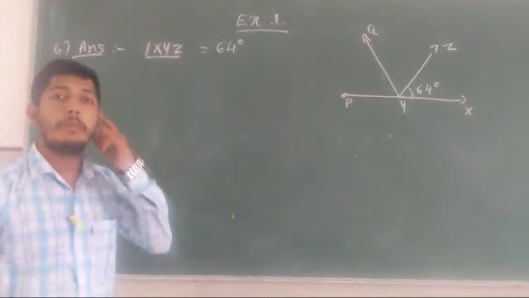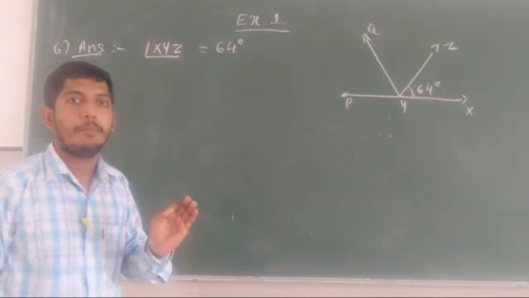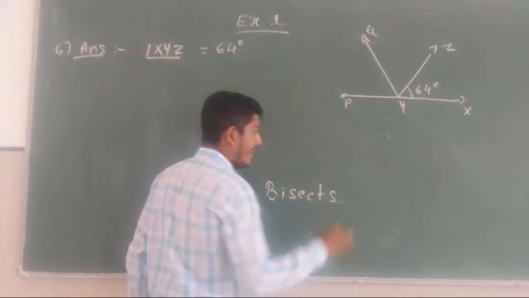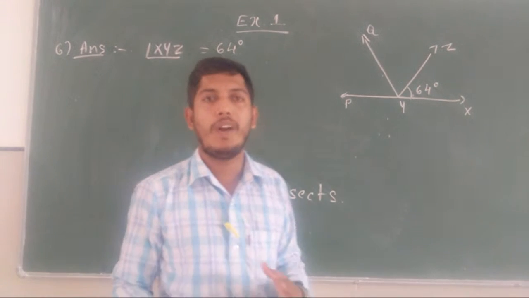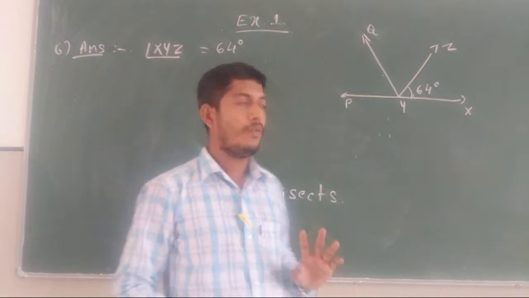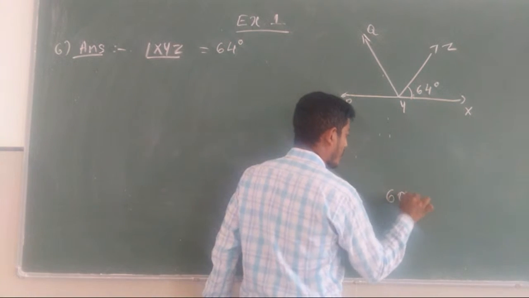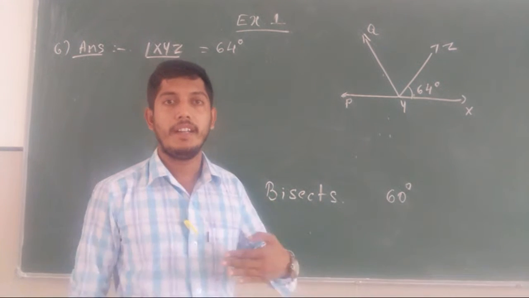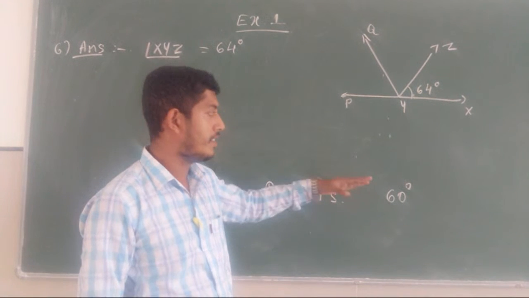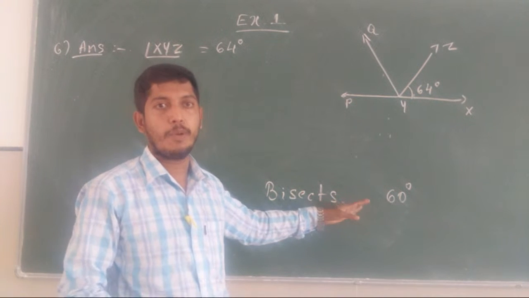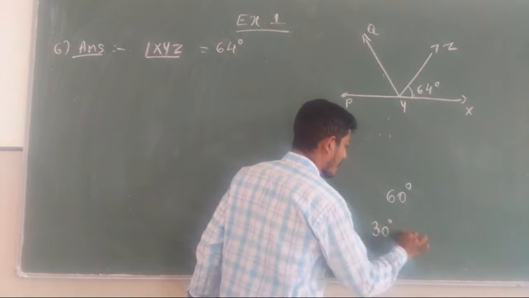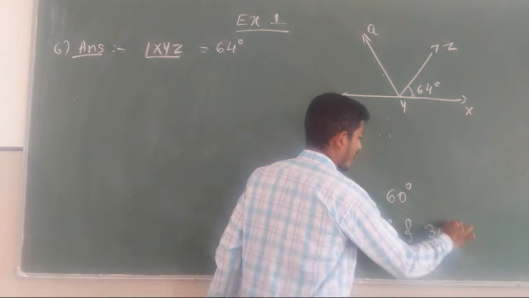Now you have to remember one thing: the word bisects. Bisects means it completely divides the angle into two parts. For example, 60 degree is the total angle. If a ray bisects this angle, then what are the angles produced by it? The first one is 30 degree and the second is also 30.